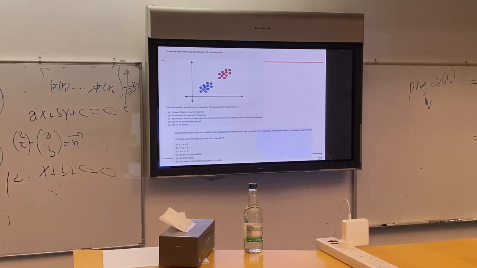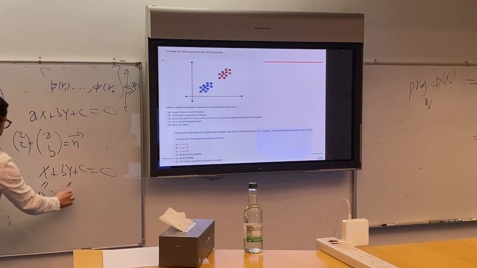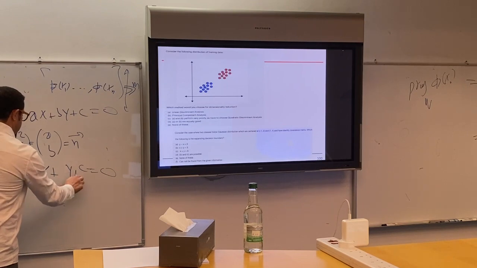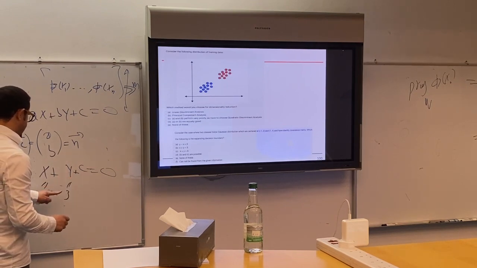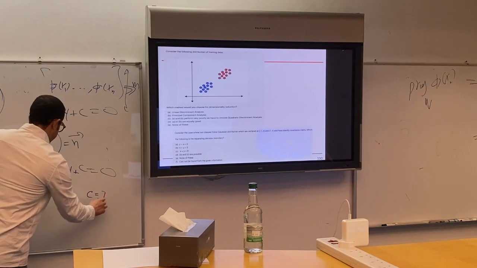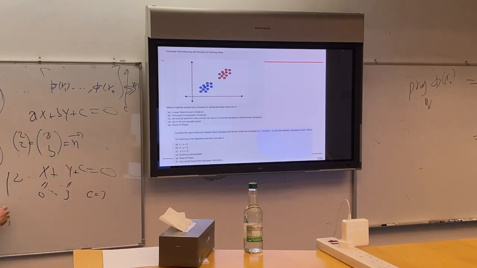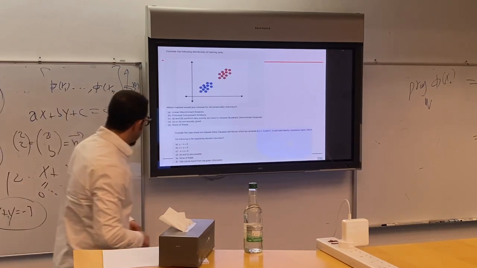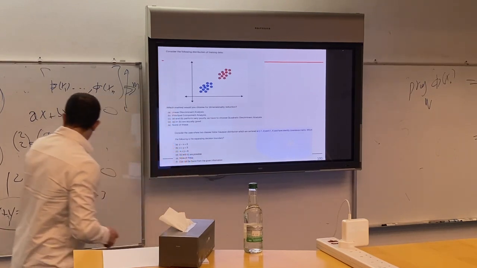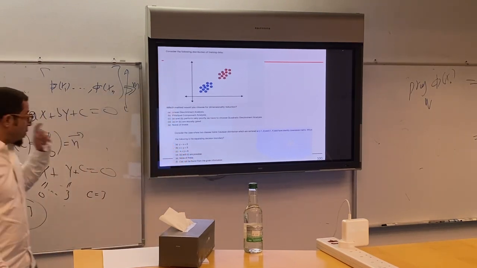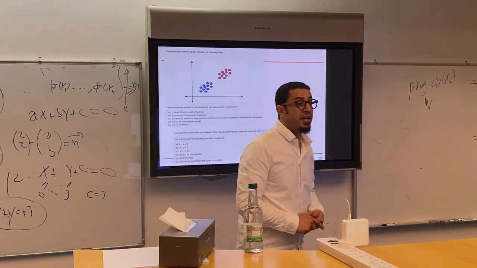It should go through 0 and 3. If x is 0, and y is 3, what is c here, please? So c should be minus 3. So at the end, x + y = -3. Sorry, minus 3 should be plus 3. So the answer is B.